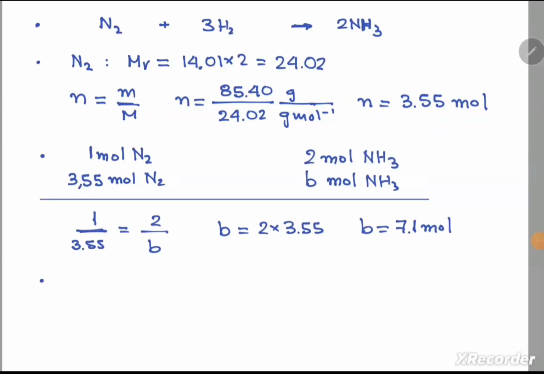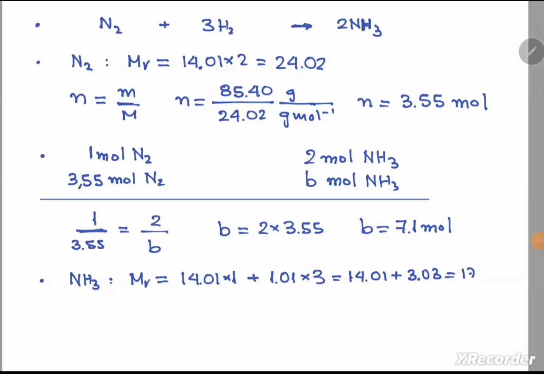Then we find the mass, the grams of ammonia, so we need MR of ammonia. MR is equal AR of nitrogen times 1 plus AR of hydrogen times 3. So we have MR of ammonia.